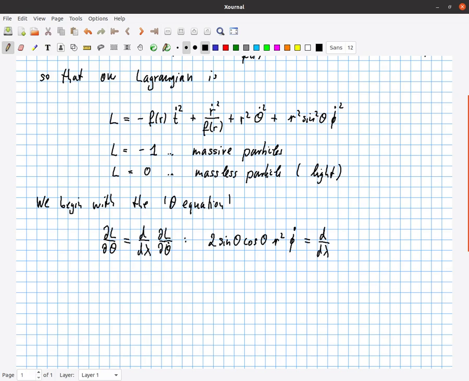And then we need to differentiate L with respect to theta dot. This is the only term that contains theta dot. We get here 2 r squared theta dot. We see immediately that the 2 cancels. You might have seen in some other textbooks that sometimes people put a factor of 1/2 in front of the Lagrangian.